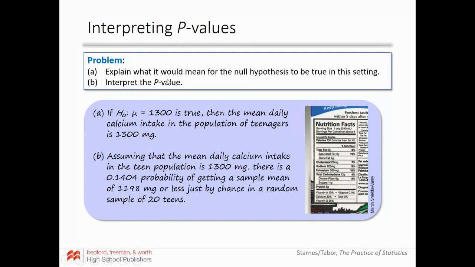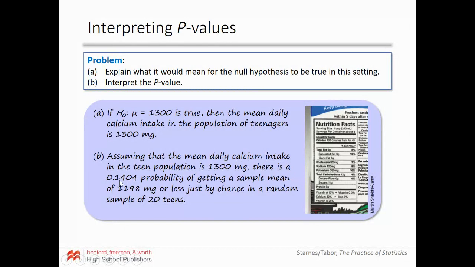Part B was probably a more interesting question: what does that p-value tell us? When we're talking about the p-value, we always assume that H naught is true. So we assume the mean daily calcium intake in the teen population is 1,300. There is a 0.1404 probability of getting a sample mean of 1,198 or less by chance in a random sample of 20.